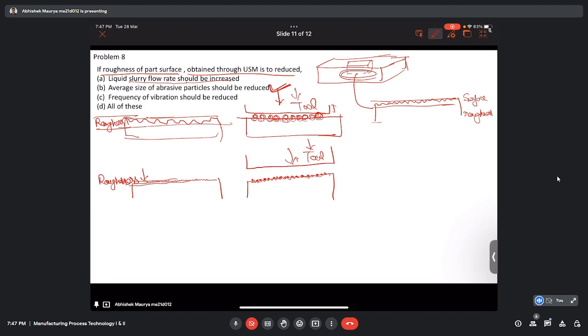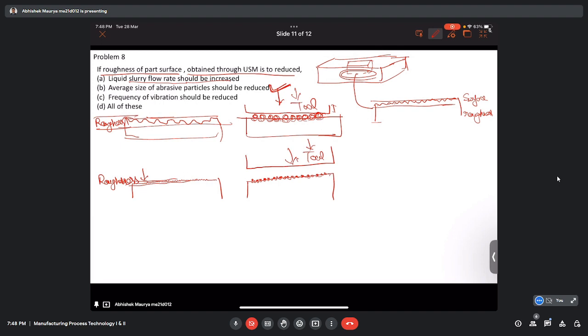They will be replaced by new abrasive particles, but their shape and size will be almost similar. So surface roughness-wise, it will not create any difference. Whereas if you increase the flow rate, it can affect the material removal rate, because new abrasive particles will have fresh cutting edges and can remove the material faster. So increasing the slurry flow rate won't have any effect on the surface roughness value.